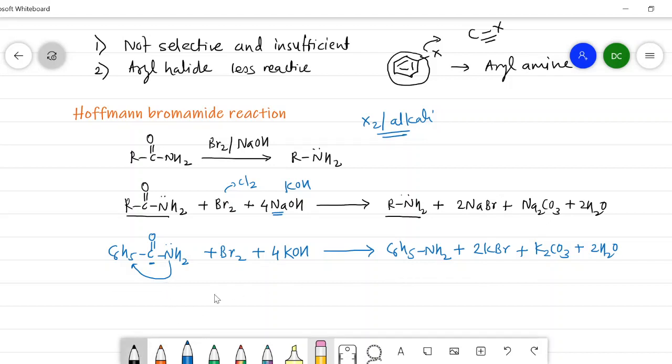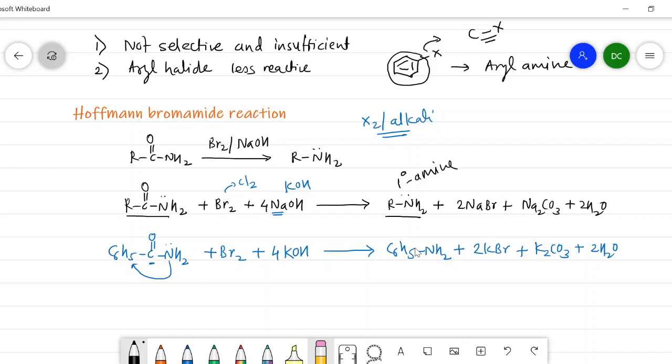Now, this reaction is useful for the synthesis of primary aliphatic amines as well as primary aromatic amines. Secondary amines or tertiary amines cannot be formed by the Hofmann bromamide reaction. In this way, we will easily prepare a primary amine from unsubstituted amides.